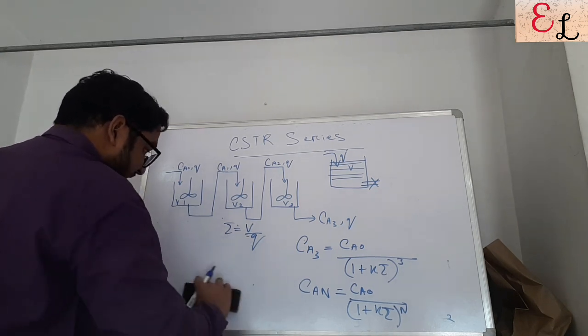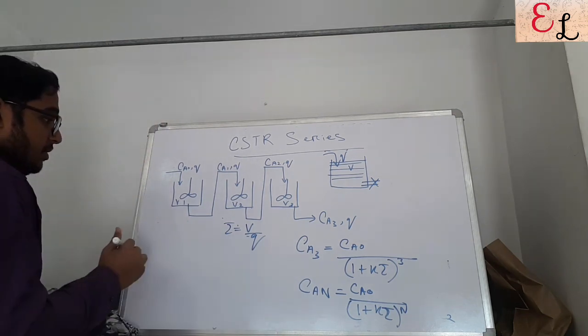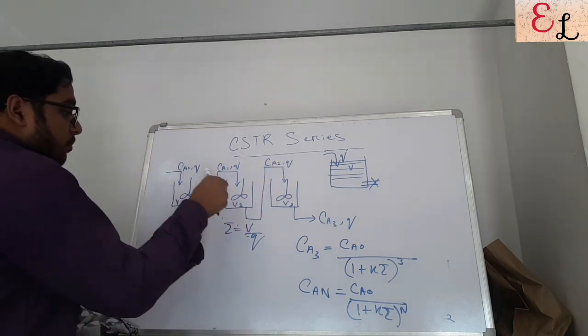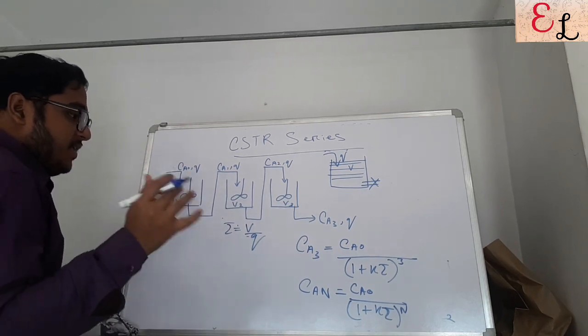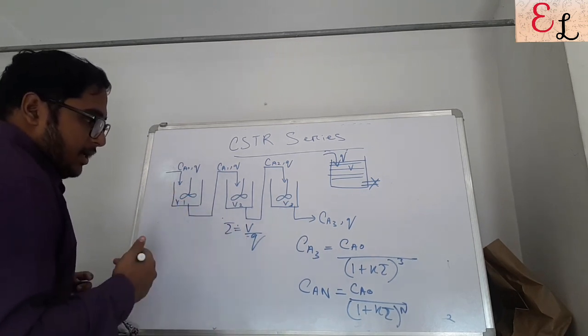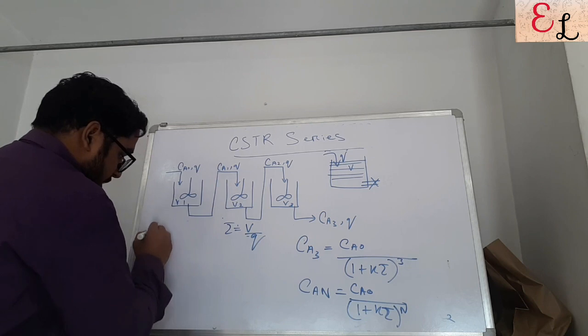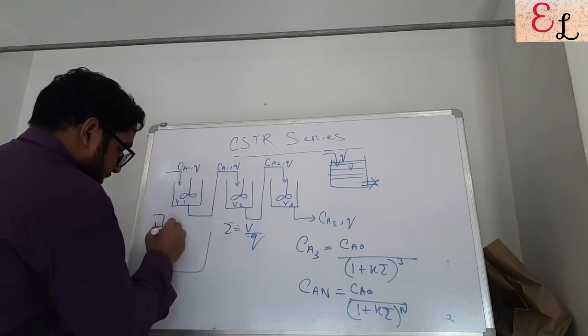for a single reactor having 3V volume, supposedly V1 plus V2 plus V3, 3V volume, what is going to be the case? That is, one reactor having this much volume, that is 3V.